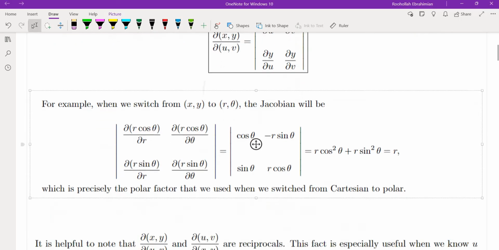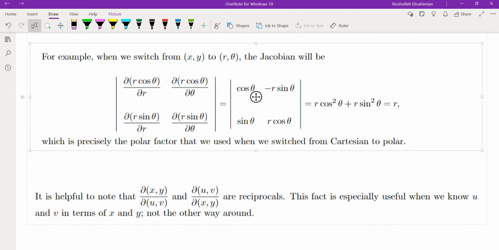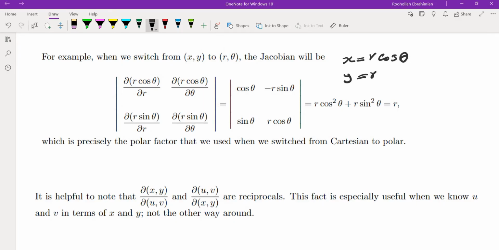For example, if you look at the polar coordinates, x is r cosine of theta, and y is r sine of theta. So if you look at the Jacobian of xy relative to r theta, we get partial of x with respect to r, which is cosine, partial of x with respect to theta, which is negative r sine, partial of y with respect to r, which is sine, and partial of y with respect to theta, which is r cosine of theta.